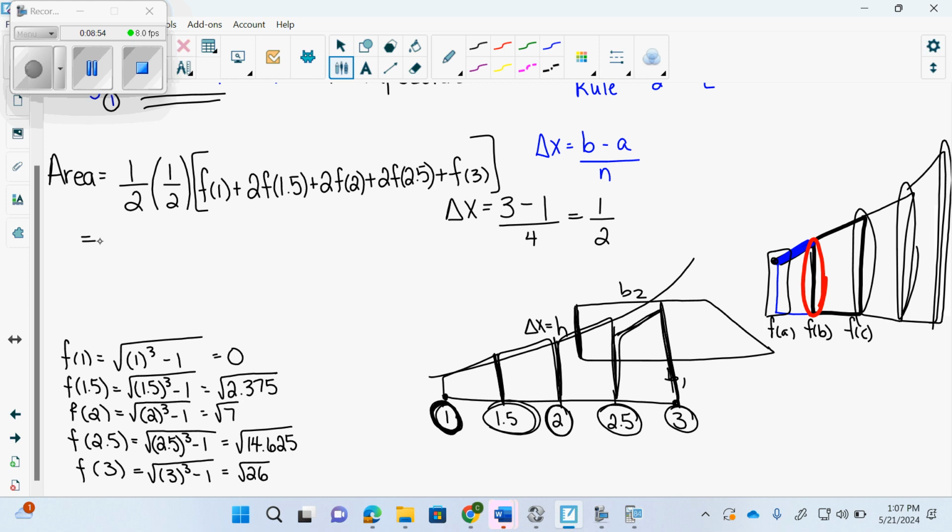So we're going to get 1/4, because a half times a half is a quarter. F of 1 is 0 plus 2 root 2.375. That's how I get the height of that first one. And then plus 2 times root 7 plus 2 times root 14.625 plus root 26.